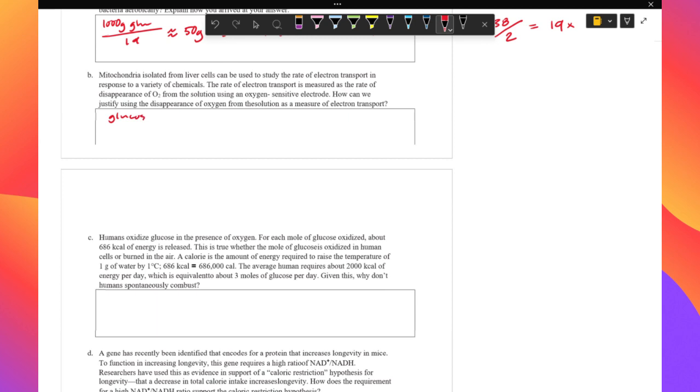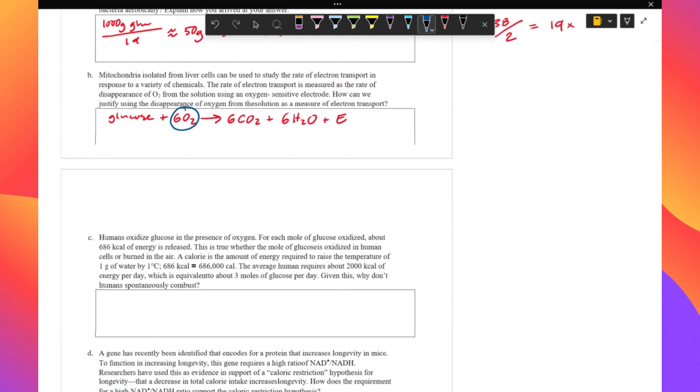We have glucose plus 6 molecules of oxygen becomes 6 molecules of CO2 and 6 molecules of water plus energy in the form of ATP and a few other molecules. So the 6 molecules of oxygen is on the reactant side.